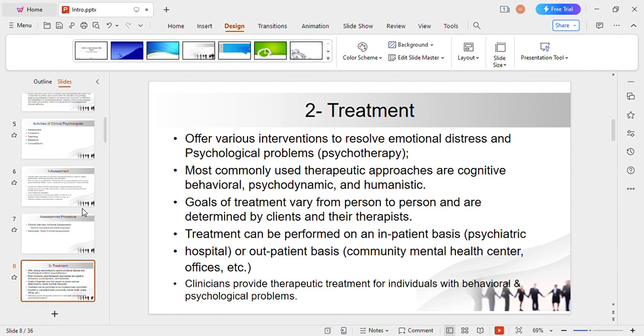And if a person is suffering from a relationship-oriented problem, or he is having some bad childhood experiences, then the psychodynamic approach or psychotherapy would be more suitable. There are hundreds of therapies, so it depends on the nature of the problem, and a clinical psychologist tries to find the most suitable therapy.